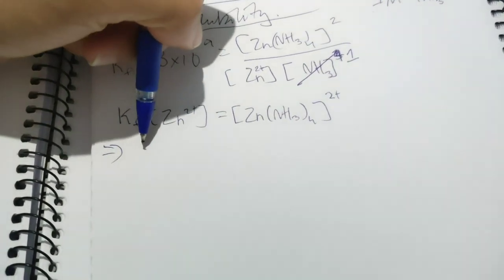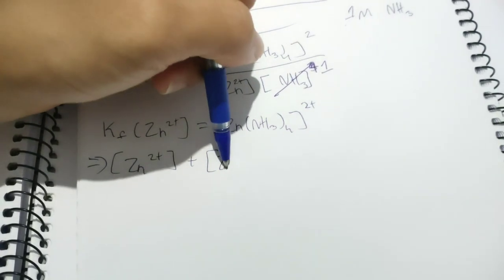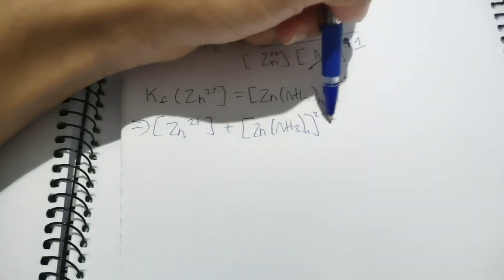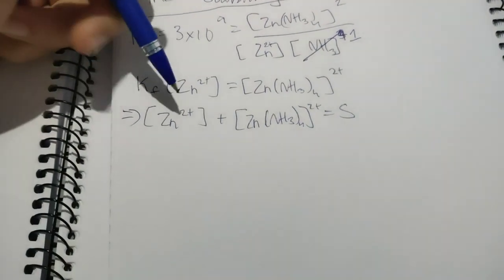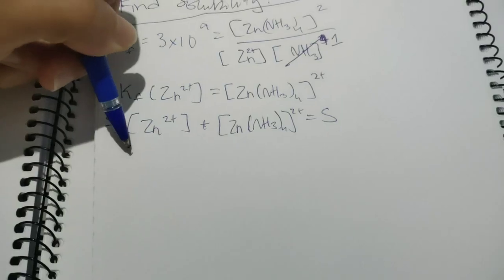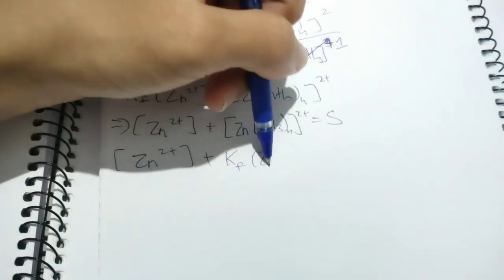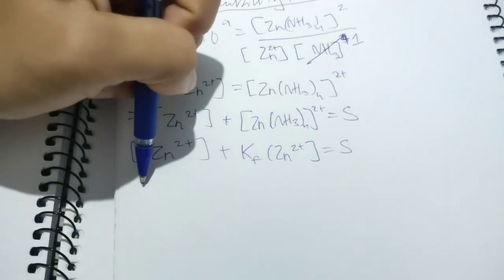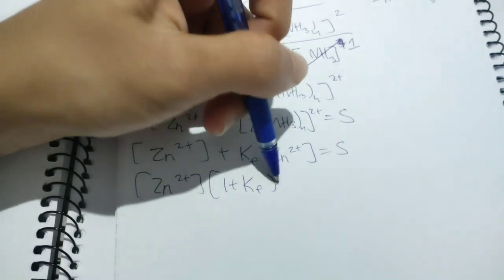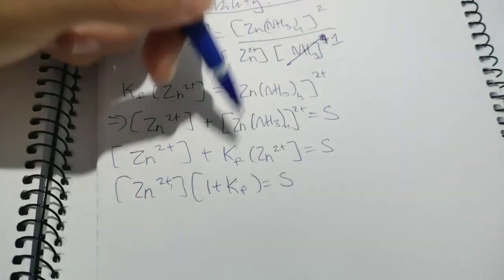So I can say that by adding the Zn2+ concentration and the Zn(NH3)4 complex concentration, I get S. I'll put this into this, and what I get is Zn2+ plus Kf times Zn2+ equals S, and I'll take Zn2+ common: Zn2+ times (1 plus Kf) equals S. But Kf is of the order of 10^9, so adding 1 is not going to make any difference.